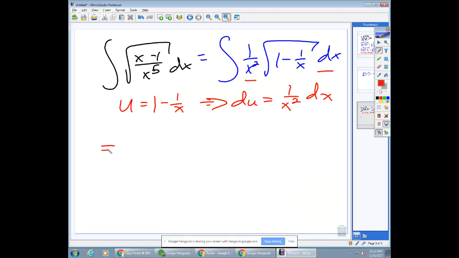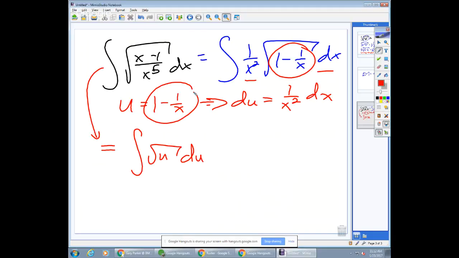So when I rewrite that integral, it's now just the integral of the square root of u, because this whole inside is my u, and outside is my du.